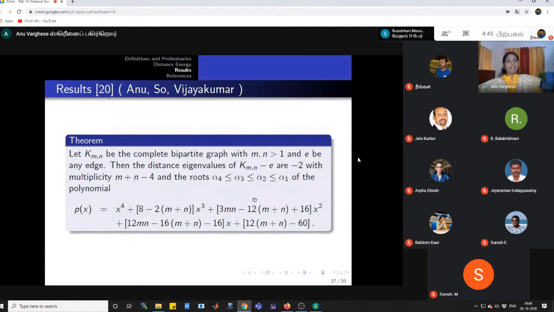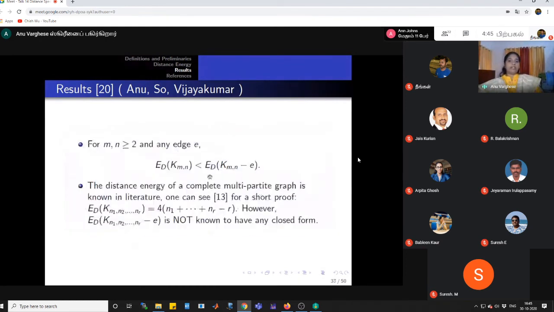And using this, we compared the distance energy of Kmn and Kmn minus e and found that the distance energy of Kmn is less than the distance energy of Kmn minus e. Also, we had a conjecture.